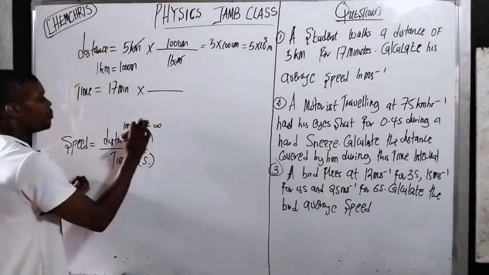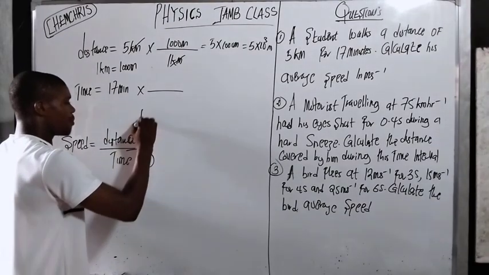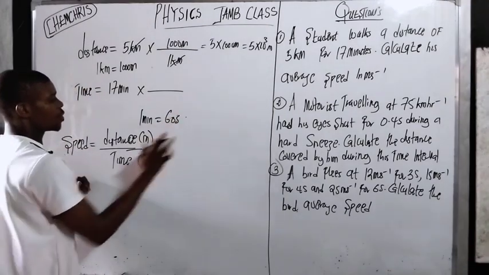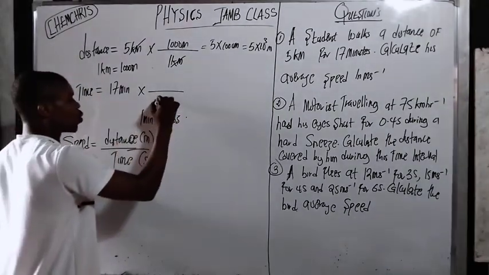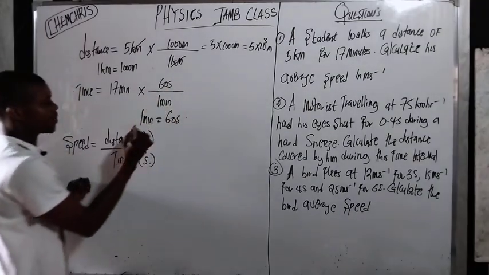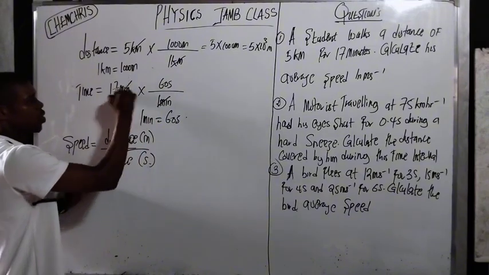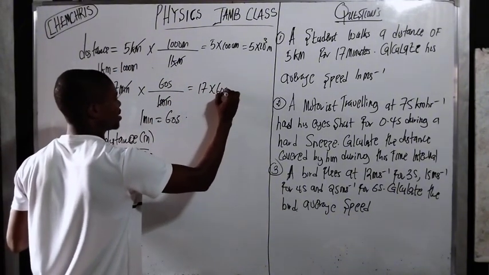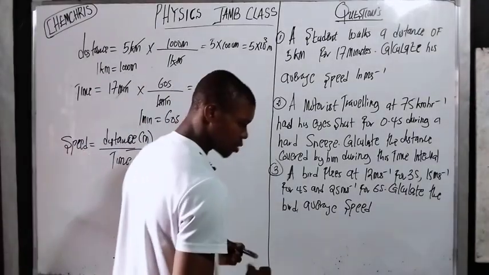Minute will be at the bottom, so 1 minute is at the bottom, and 60 seconds at the top. Minute cancels minute, so what do I have here? It's going to be 17 times 60 seconds.